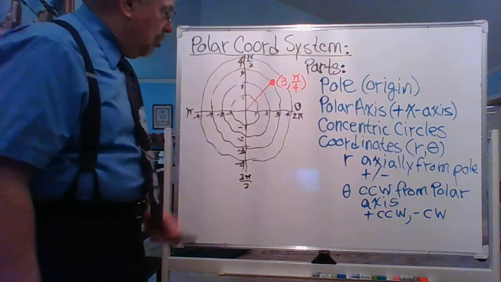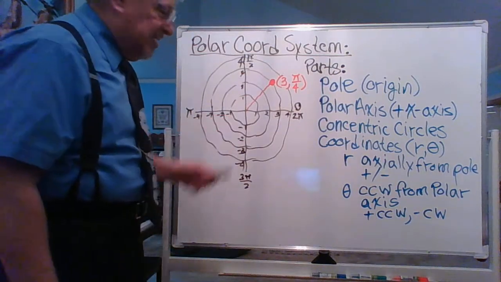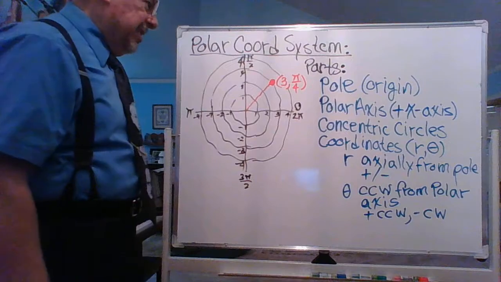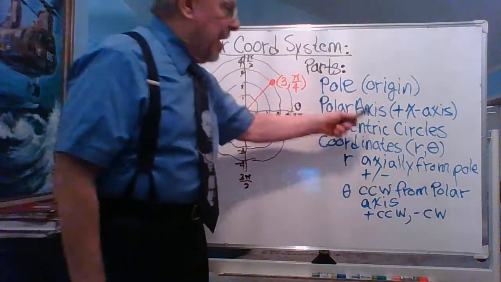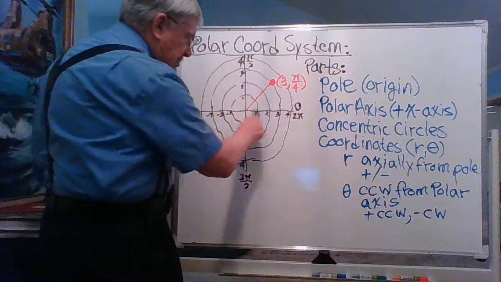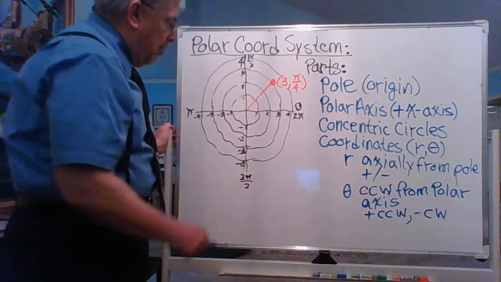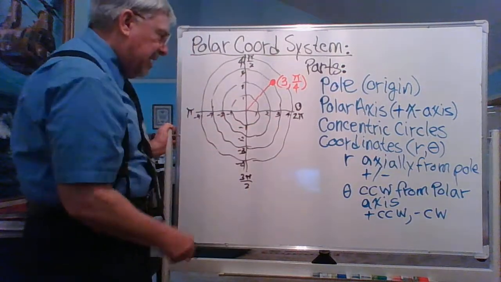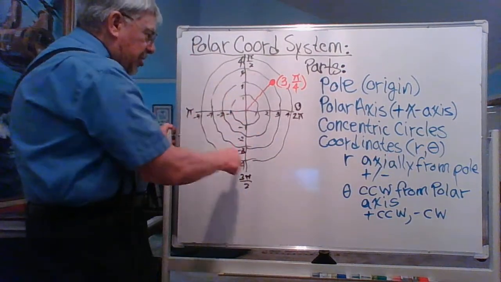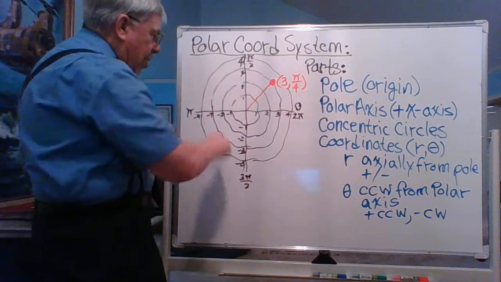That's our old origin point in the XY coordinate system, and now it's the same point in the polar coordinate system. The polar axis is the positive x-axis. So here is the polar axis right here. And then around the pole I have concentric circles at different unit values: 1, 2, 3, and 4 here.